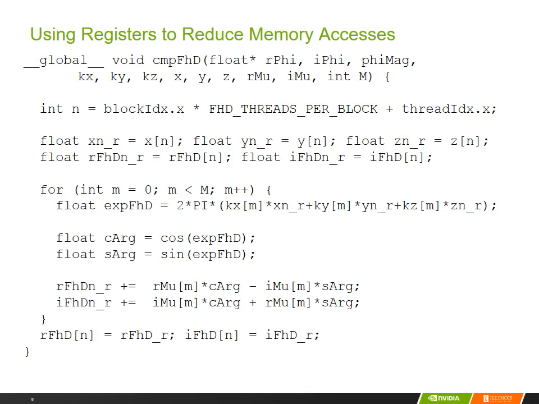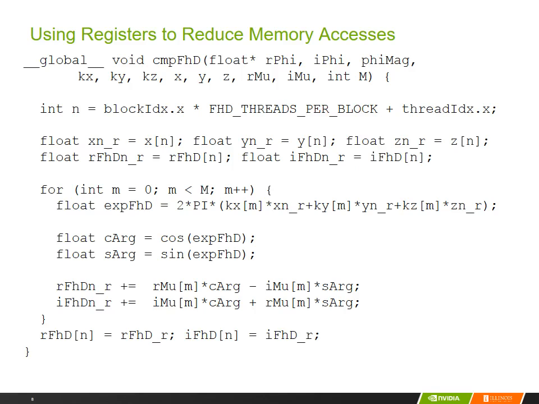Furthermore, we're going to access the RFHD and IFHD elements from the register variables RFHDN_R and IFHDN_R. So the accumulation of values into these elements is actually done in the register.